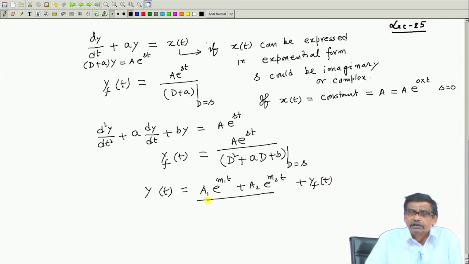Here you have to find the characteristic roots, and depending on whether the roots are distinct, the nature will differ, and we have considered several cases earlier.